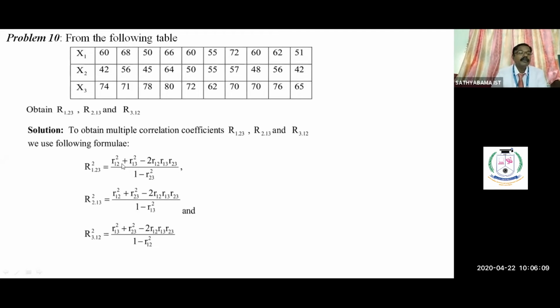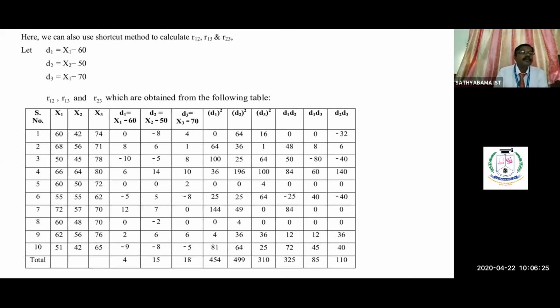We know that by property the correlation R12 is the same as R21, it is symmetric, and it is independent of change of origin. We can simplify the calculation to make it simple. We can also use a shortcut method to find the correlation, just to minimize the calculation.